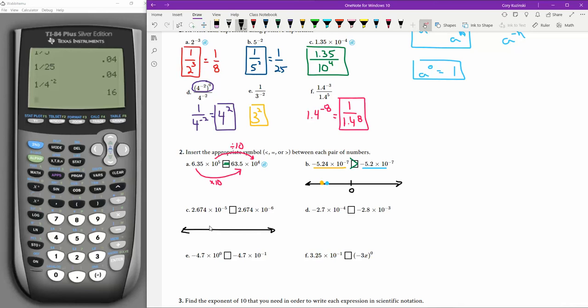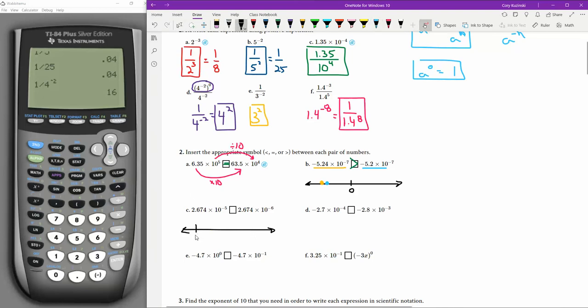Again, here's 0. This number is raised to a negative power, so maybe I'll put 0 over here. Where would this fall? That negative 6 right there means... oh man, I got this messed up still. Bear with me. It's a positive number.